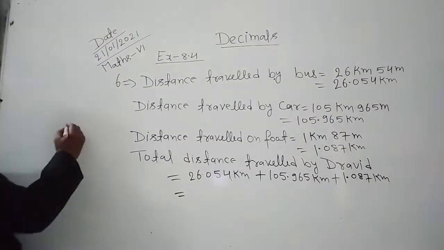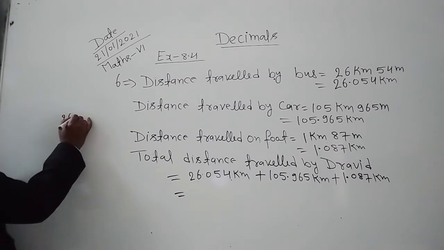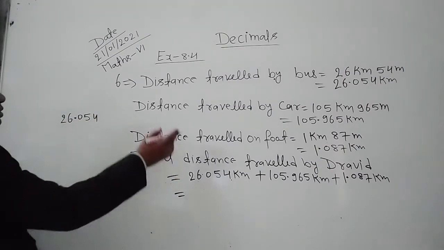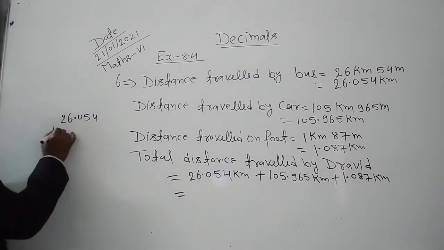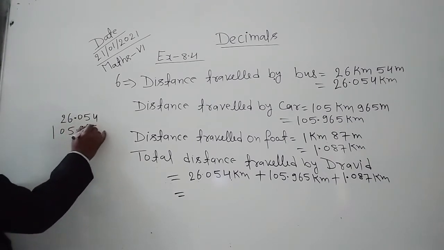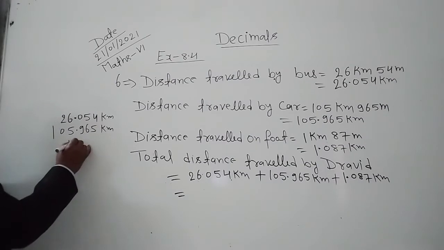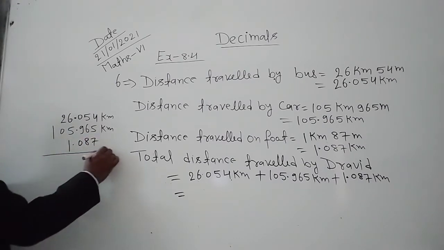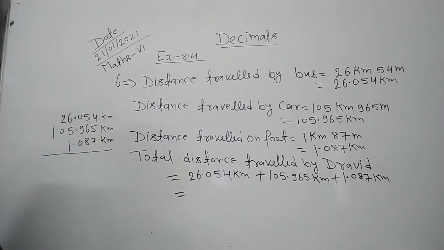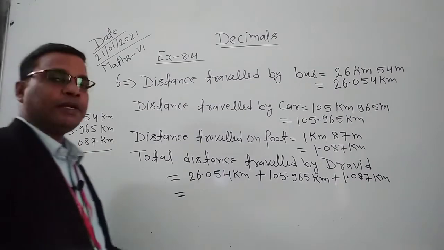How do we use it? You can write here 26.054, this is the distance traveled by bus, and 105.965, this is in kilometer, and 1.087, the distance in kilometer, distance traveled on foot. So if you add them, then you get the total distance traveled by Dravid.